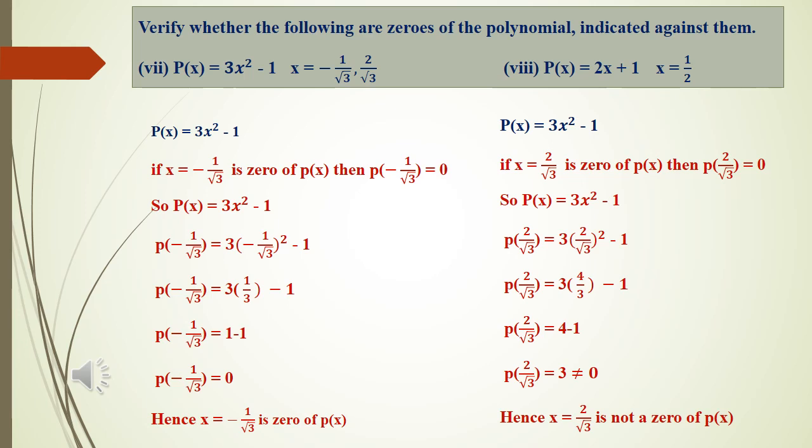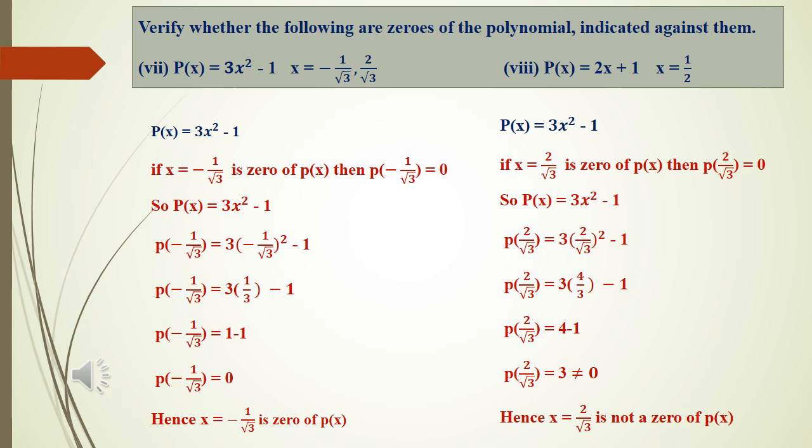Dear students, as you know, square of any negative number becomes positive. So minus 1 upon root 3 becomes 1 upon 3 because negative becomes positive, square of numerator 1 is equal to 1 and square of denominator, that is under root 3, becomes 3.